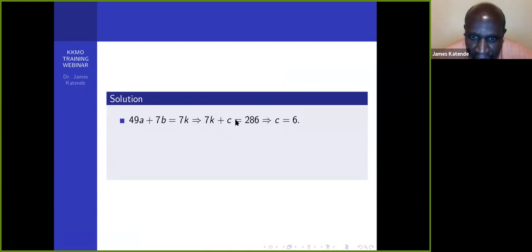So C must be equal to 6. So let's see if we can figure out the rest. If C is equal to 6, it means this part, 49A plus 7B, must be equal to 280. That is, you subtract 6 from both sides of this.